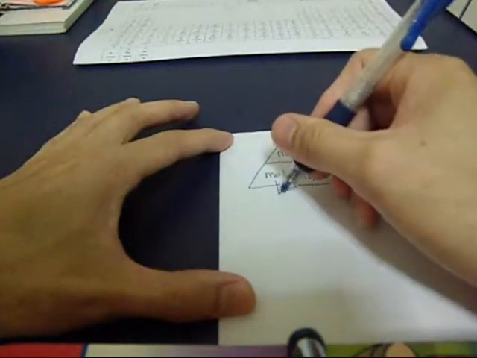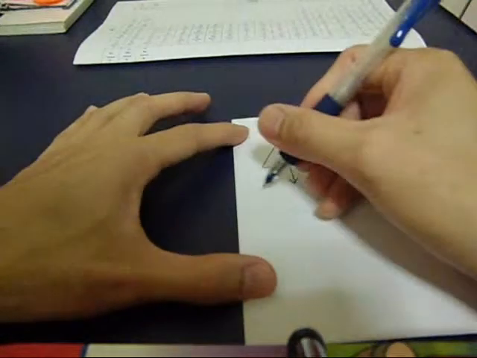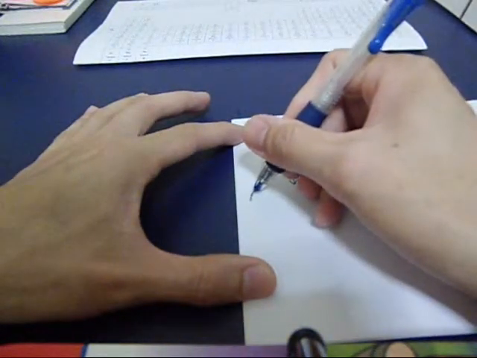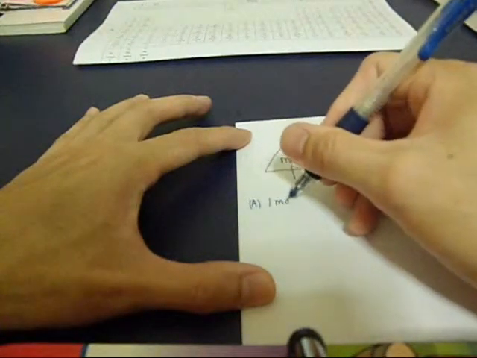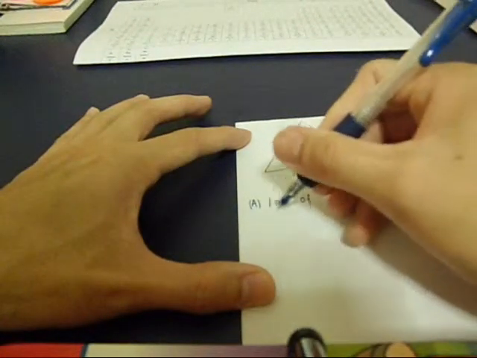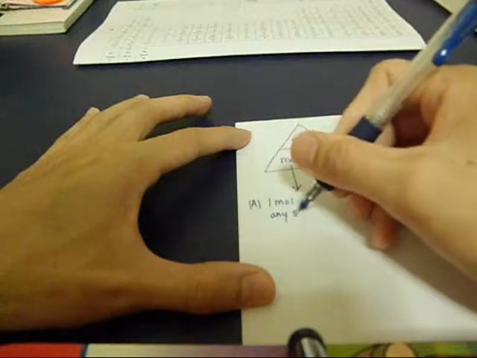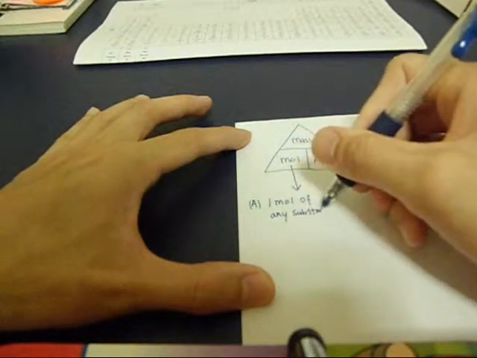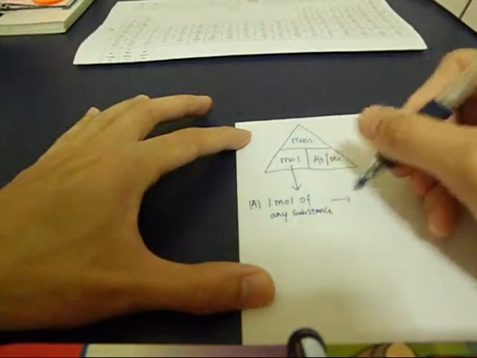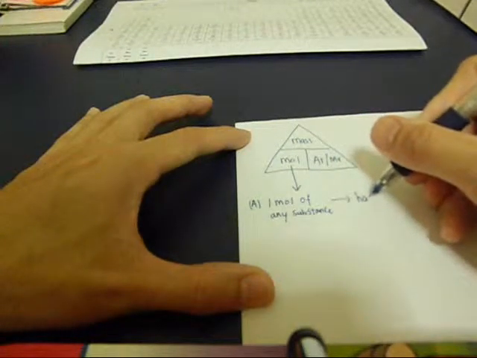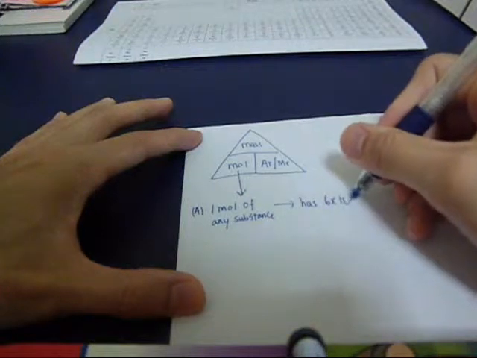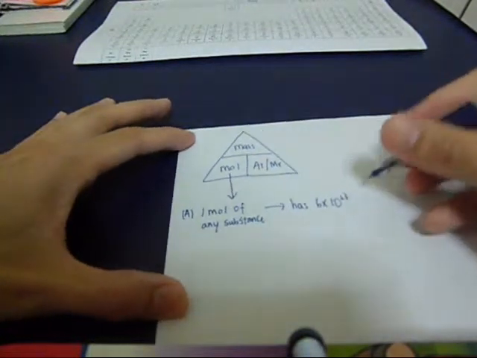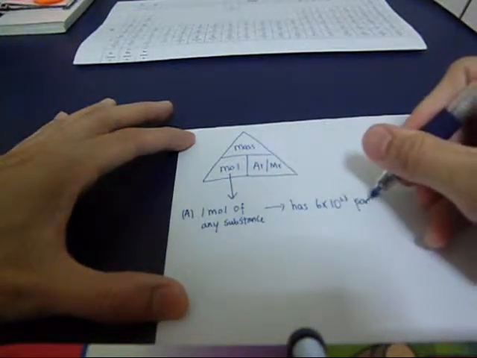Then for your mole, there are two things. First is 1 mole of any substance. 1 mole of any substance has 6 times 10 to the power 23 particles.